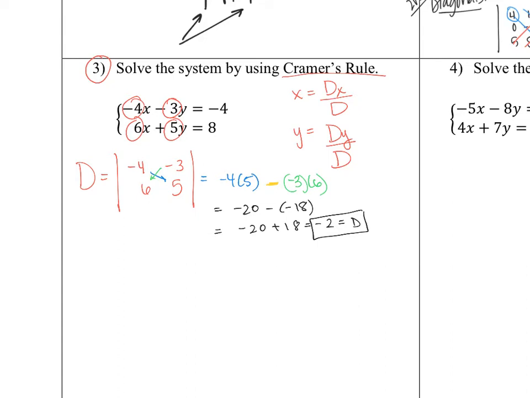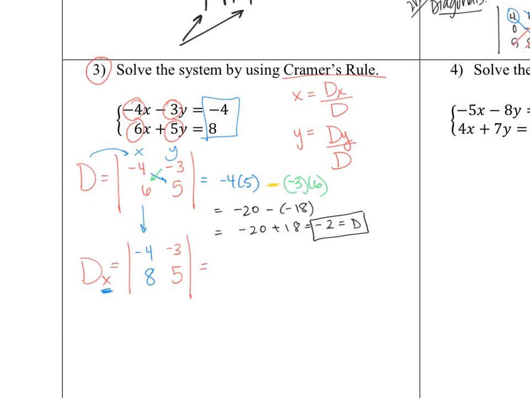So then for our next part, Dx, remember we're going to replace the x column. So if you look back at our previous determinant, those were the coefficients of our x's. These were the coefficients of our y's. And then over here are the constants. So to find Dx, we replace the x column with negative 4, 8, but then the other part stays the same. And again, we're going to find the determinant by doing the cross multiply.